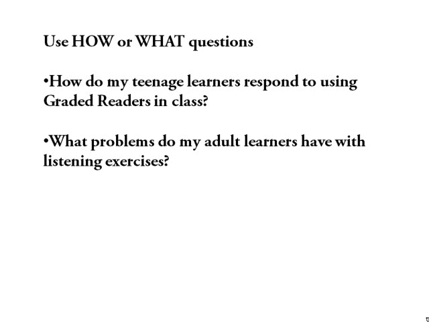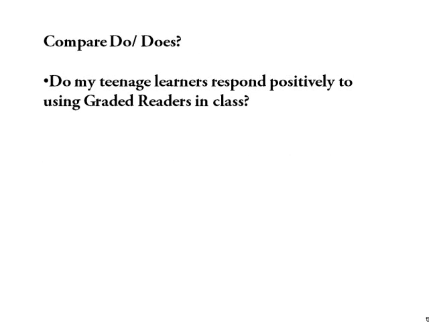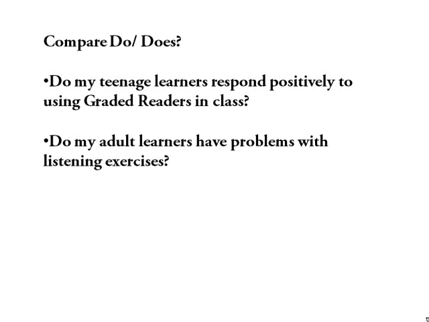Just to illustrate this, let's compare it with a yes or no question. So here we have do or does. Do my teenage learners respond positively to using graded readers in class? Do my adult learners have problems with listening exercises? What do you think is wrong here? Well, you're limiting yourself to just a yes or no answer.